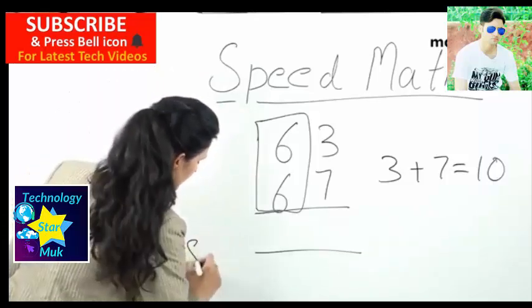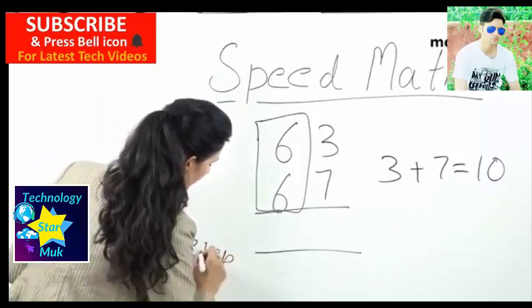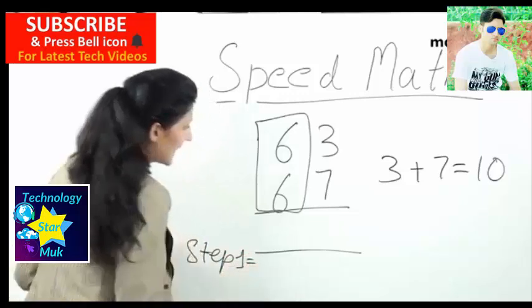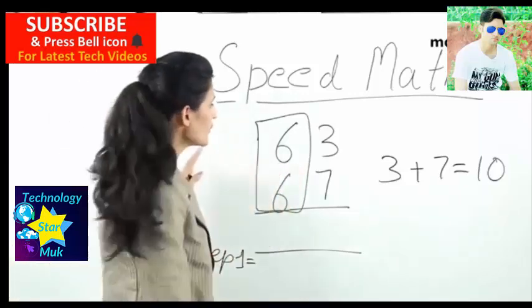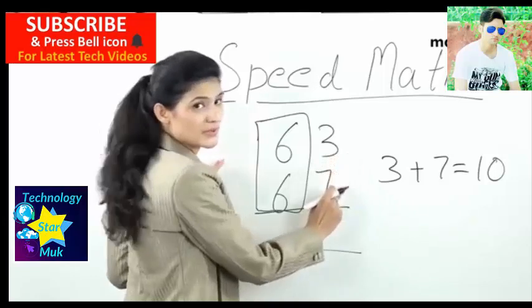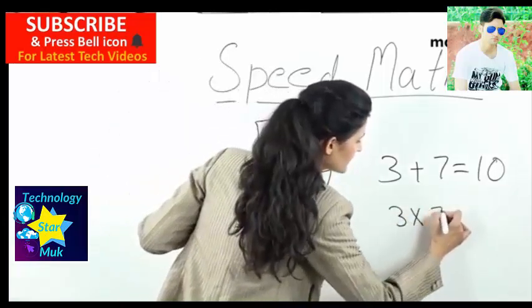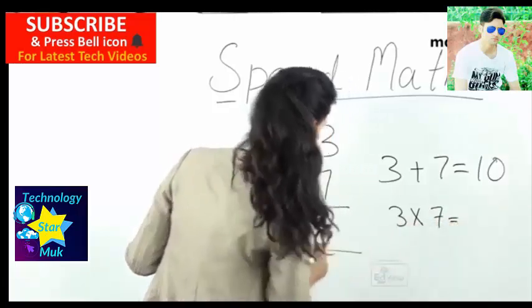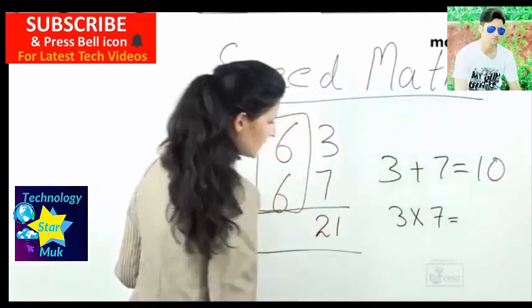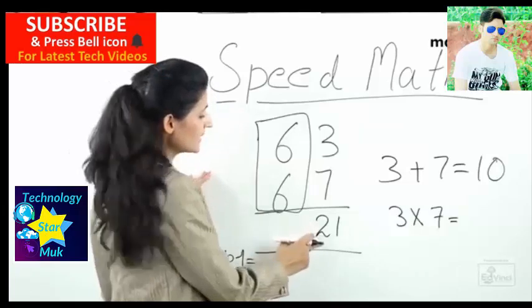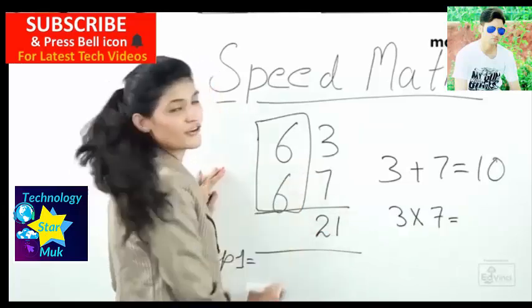So let's take step number 1. In step number 1, you have to multiply the unit digits, which is 3 and 7. When you multiply 3 into 7, you'll get 21, right? So these are the last two digits of your answer.